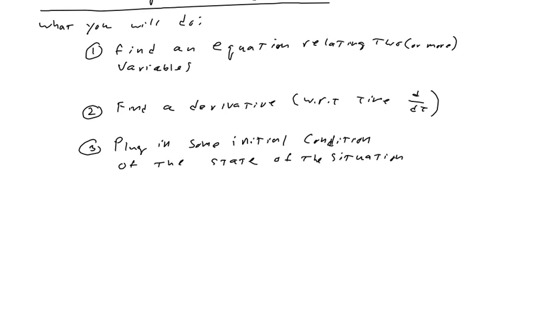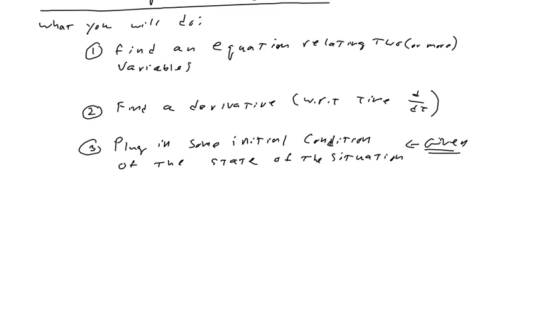So you'll be given some information. This is given. You'll be told at this moment in time, after 3 minutes of time, the radius is this big. One of the rates is this much.